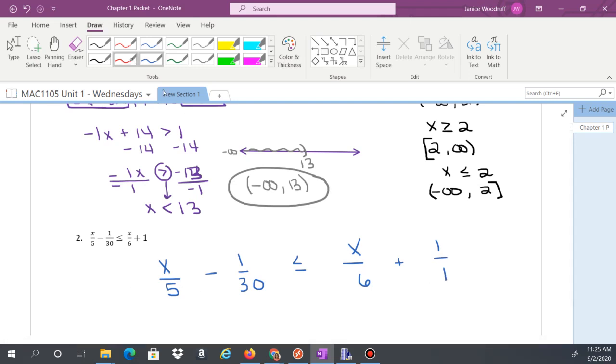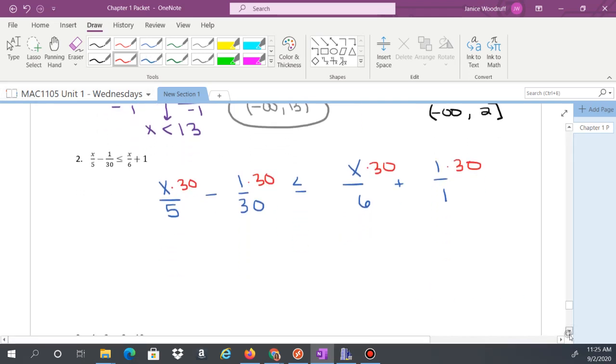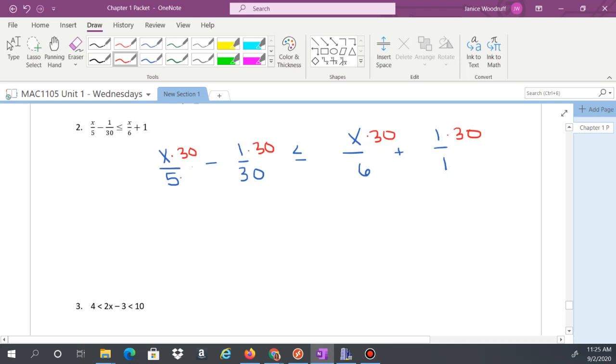All right, so I'm going to multiply everything by 30. Okay, and then let's do the simplification. So you've got 30 over 5.